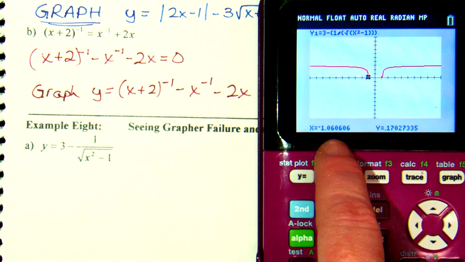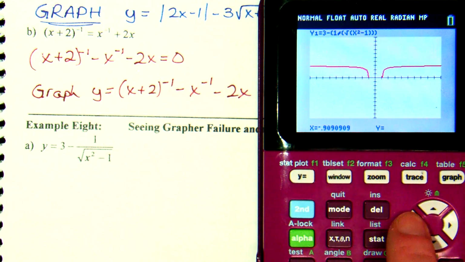But if I try and look and see what is that at exactly, notice negative 1.06 to 0.17. If I keep going, what is that probably going to be at? It disappears once you get past negative 1, doesn't it?